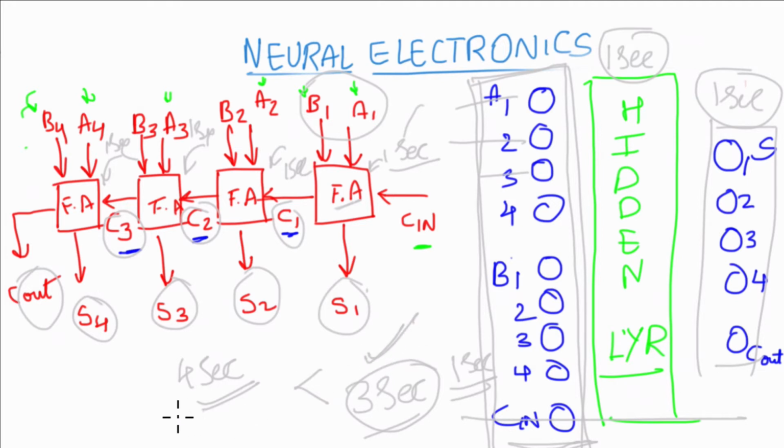So we have 4 seconds for a 4-bit adder, but a general purpose computer nowadays always runs on 32 bits, right?